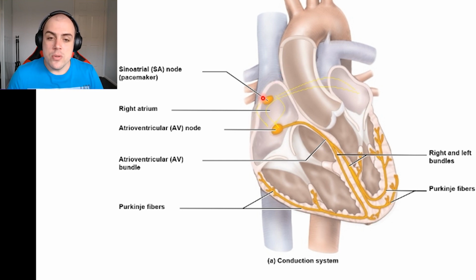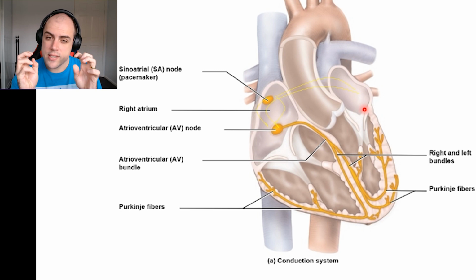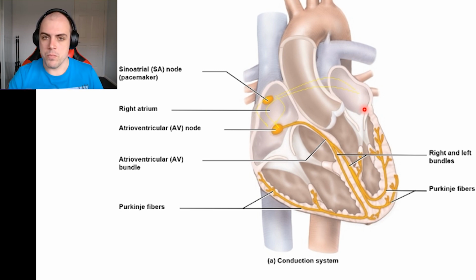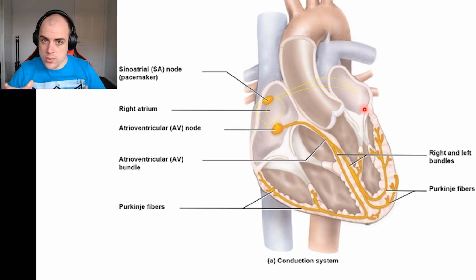That action potential will then be shared across all of these cardiomyocytes in the right and the left atria. It's going to be both atria, and that's really important because both atria are going to constrict at the same time. As I discussed in the previous series, both atria will constrict and then both ventricles will constrict. But again, we're going to be talking about that more in a moment.